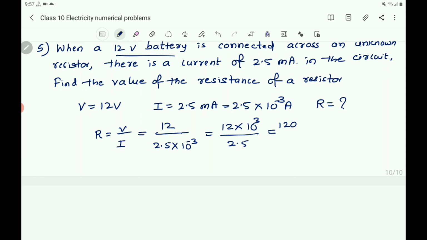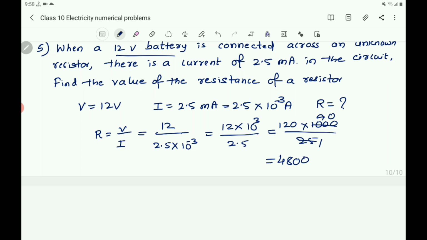So 12 means you put 10 here and 1000, that by 25, because to remove the decimal point we have to take one more zero in the numerator. So you know that 25 ones are 25, 25 fours are 100, 25 forties are 1000. Then it becomes 12 fours are 48 and extra 2 zeros you put.